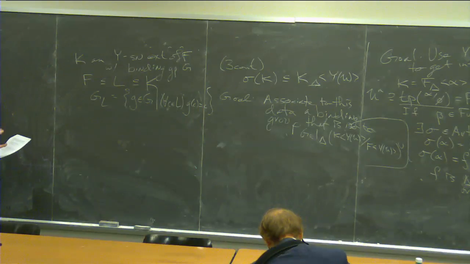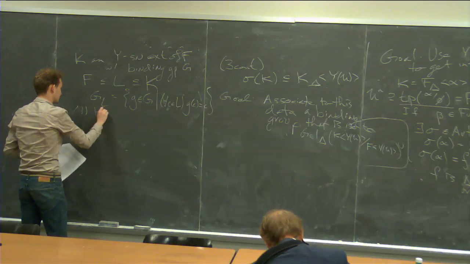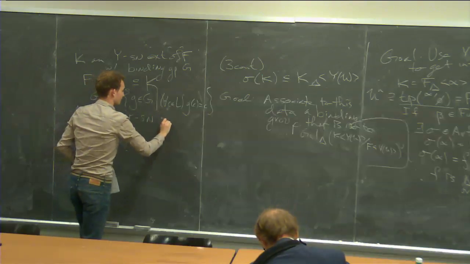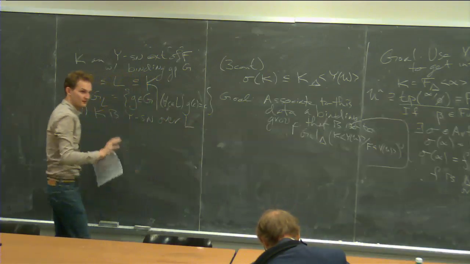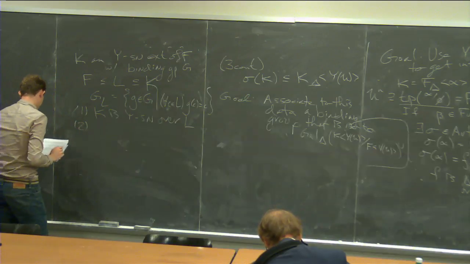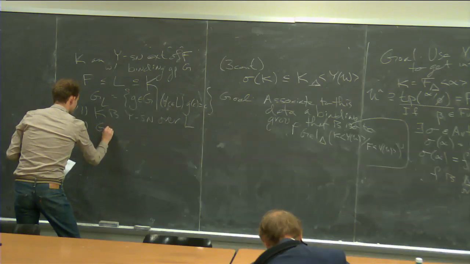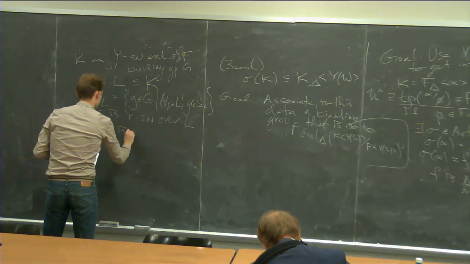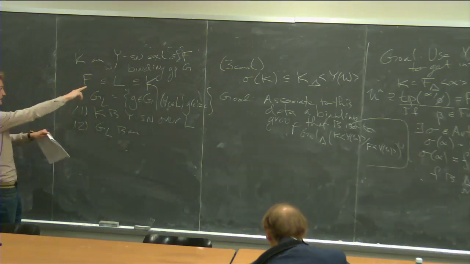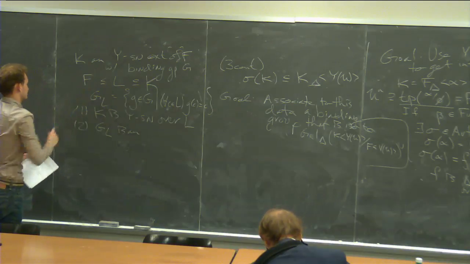Okay? And then the first thing is that K is strongly normal over L as well. Not hard to see. The second condition is that G sub L is, K is on top, F is on bottom, L is in the middle.